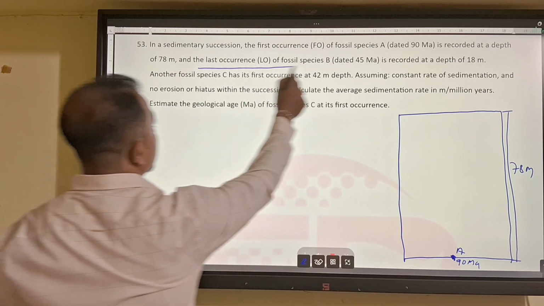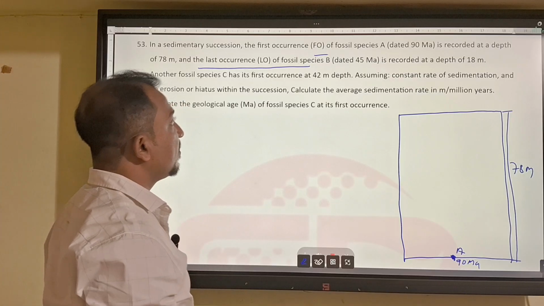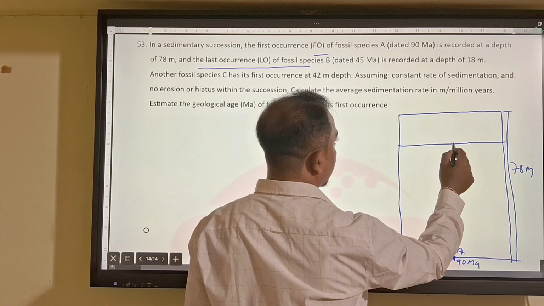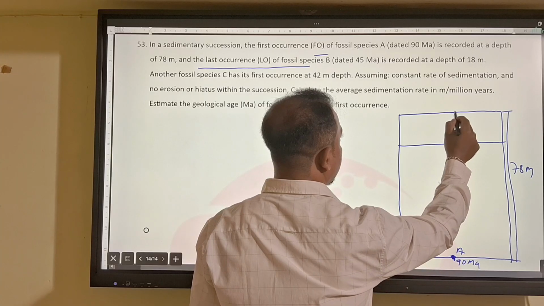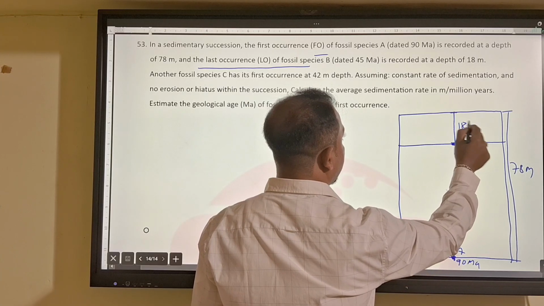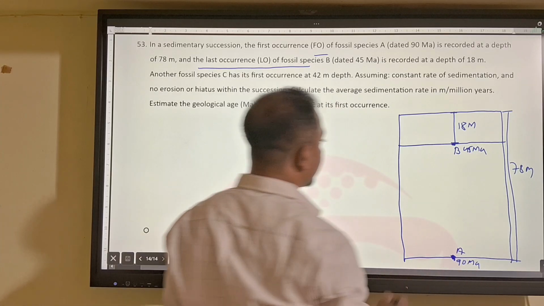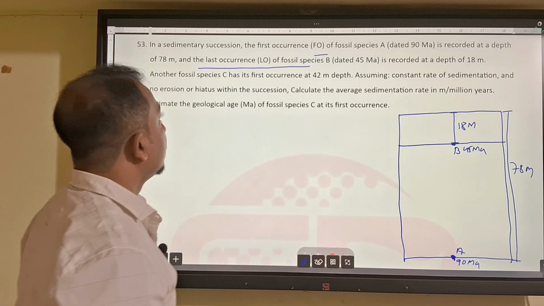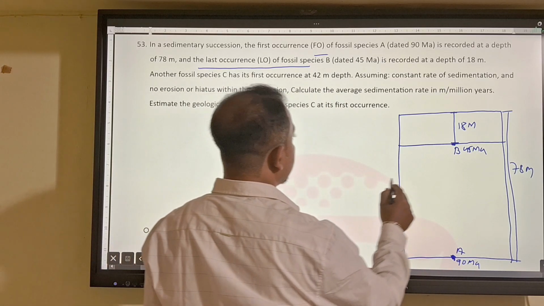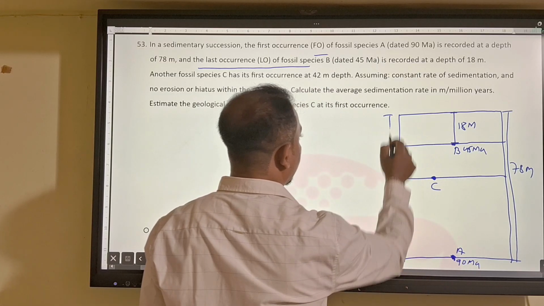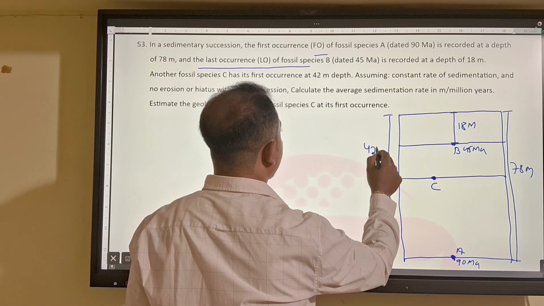Then the last occurrence of fossil species B, dated 45 million years, occurs at a depth of 18 meter. So another species you will find here, B, which is at a depth of 18 meter and has an age of 45 million years. Now another species C, which occurs at a depth of 42 meter.